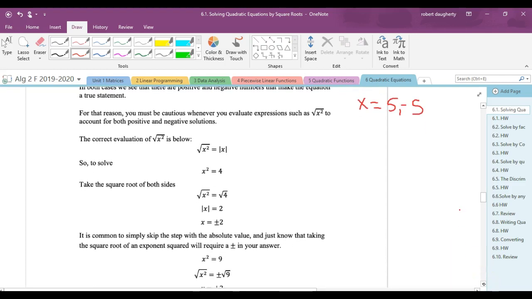When you take the square root of x squared, it's not x, it's the absolute value of x. Because if I had x squared equals 4, you got two answers out of that: 2 and negative 2.